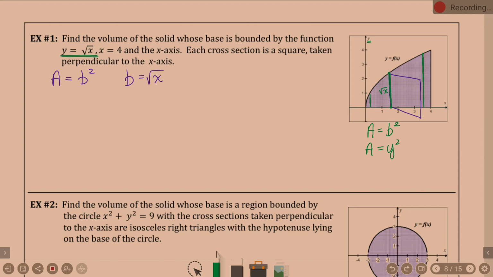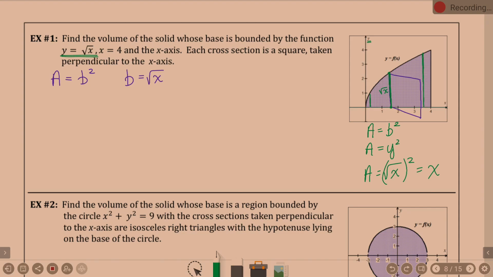Square root of x. So do you see where I'm going with that? So my area is going to be the square root of x squared, which, yes, you can clean up. And you can eventually think x if you want.